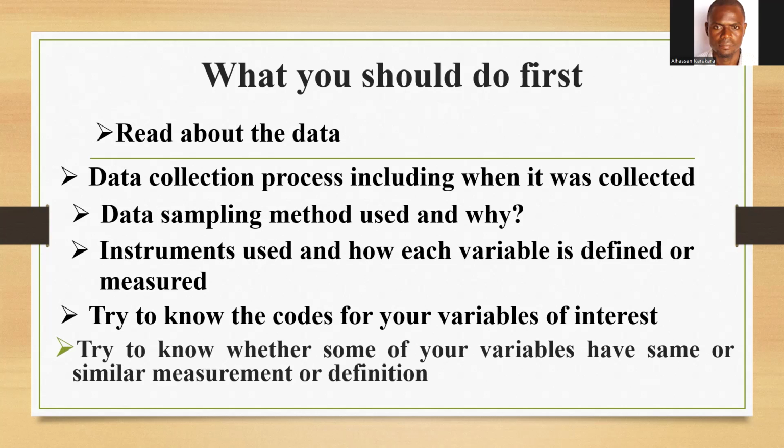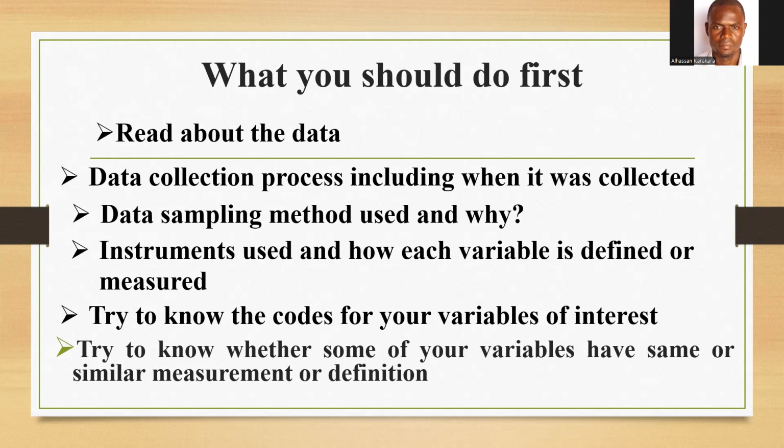Then you should also try to know whether some of your variables have the same or similar measurement or definition. Certain variables might have similar names or even different names, but the measurement could be the same or different. So try to identify your variables of interest and see whether you have two or three variables that have the same or similar measurement in the data set.